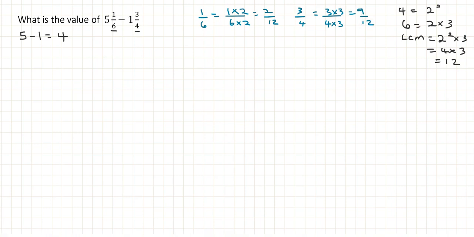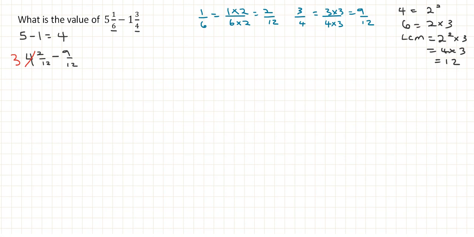Now we have a situation where we have 4, and then we have 2/12 minus 9/12. So now what we're saying here is we're going to subtract 1 from 4, so we cross 1 out here, and it's going to be 3.